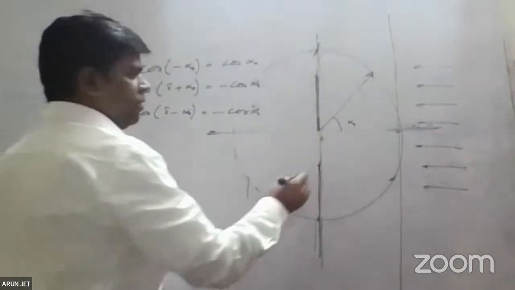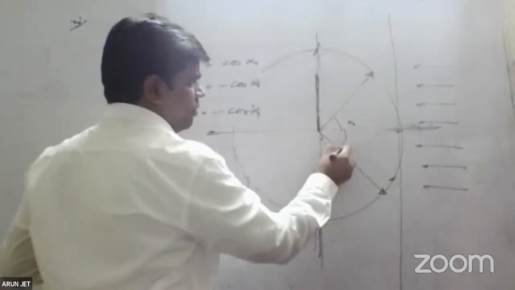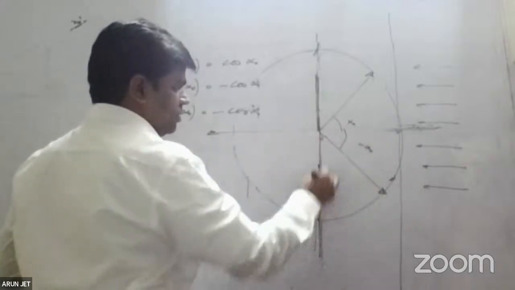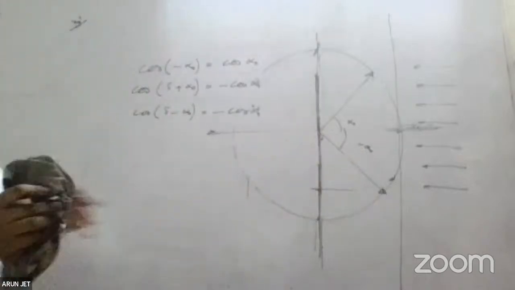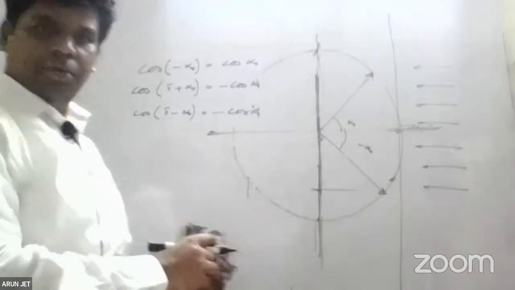And now, if this is minus alpha, my sine is now this much. In both the cases, length is same, but oppositely directed.